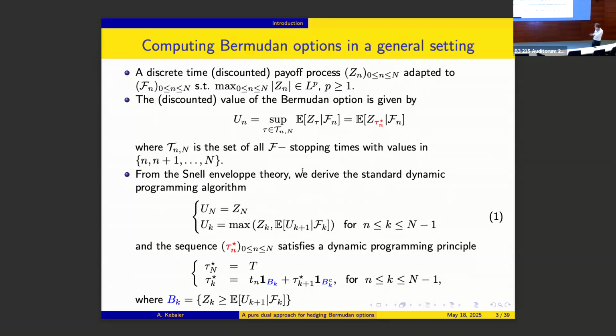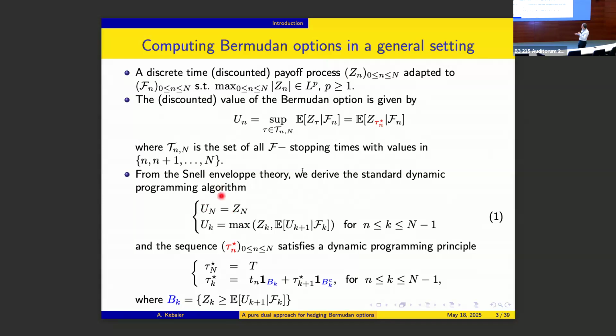This theory is connected to the Snell envelope theory, and it is known that the solution of this problem is given by this dynamic programming algorithm. You start from maturity, which is capital N, and the price of the option is then simply the payoff.